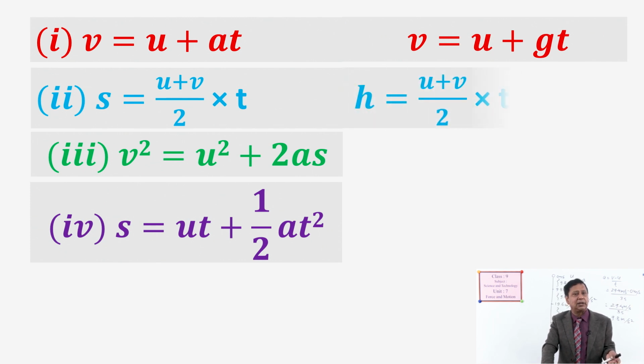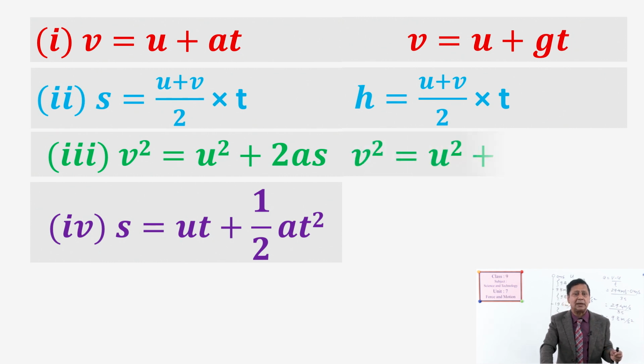Okay, s equal to u plus v by 2 into t can be written as h equal to u plus v by 2 into t. It means we are concerned with a falling body, and the distance covered by the falling body can be represented by height h instead of s.